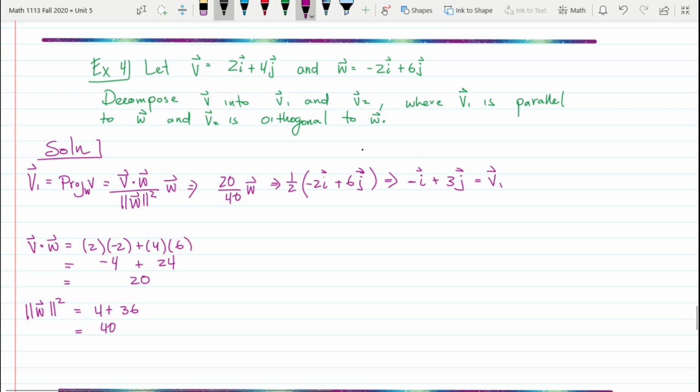Now, if you remember, or go back to the previous point, we said v2 is equal to v minus v1. Well, we can definitely do vector subtraction or addition.